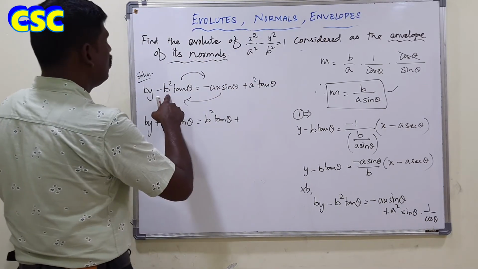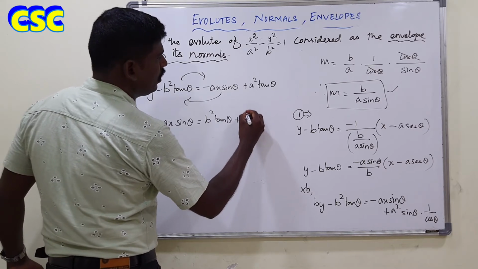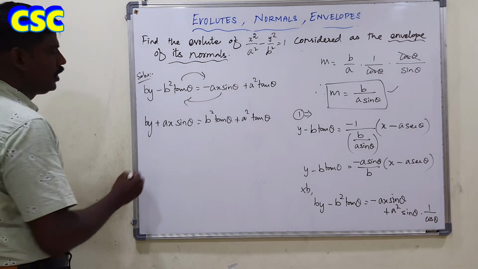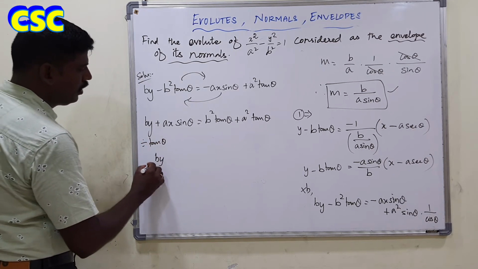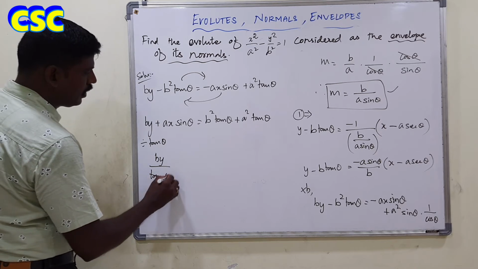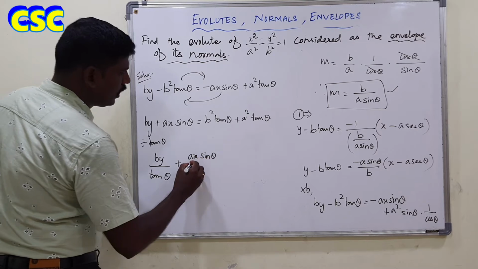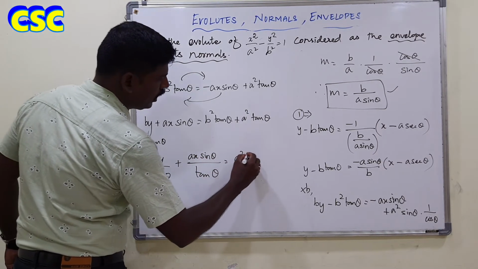Now this b square tan theta goes to the right hand side. So b square tan theta plus a square tan theta. I am going to divide it by tan theta. So by tan theta plus ax sin theta by tan theta equal to a square plus b square.